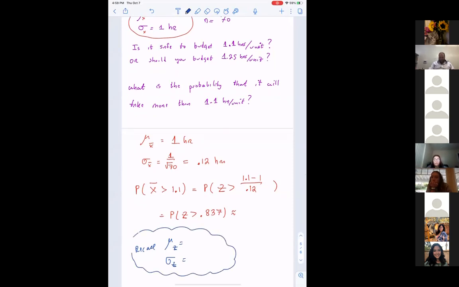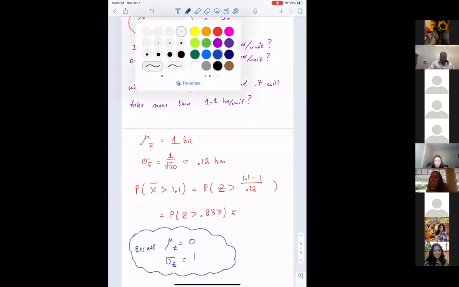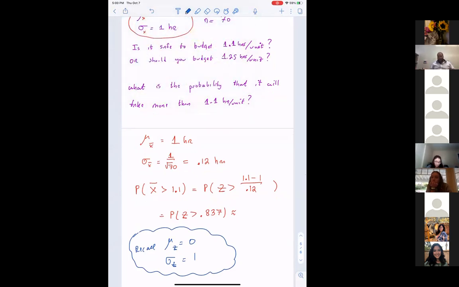Nothing to do with this problem. These are universal. 0 and 1. If you're going to use Z and you want to convert to Z scores, which again is totally fine, then you have to remember that the mean and deviation are going to be 0 and 1. If you want to use the original data, which is also fine, then the mean and deviation are 1 and 0.12.